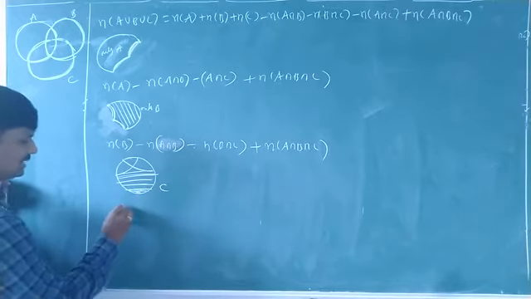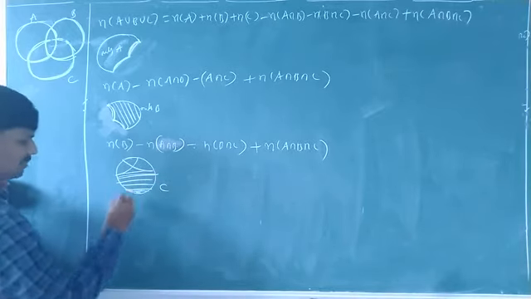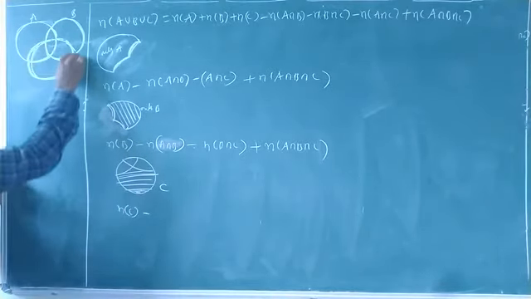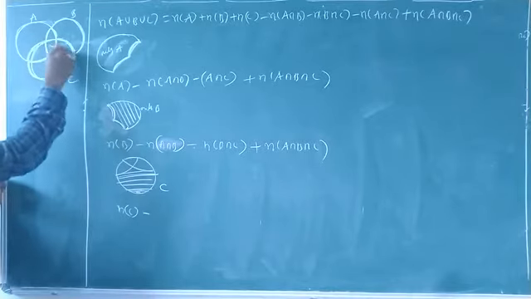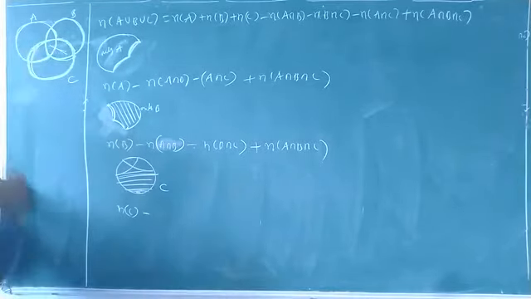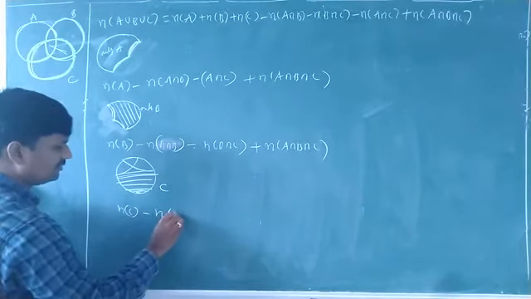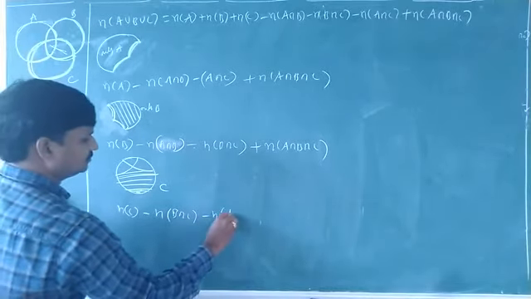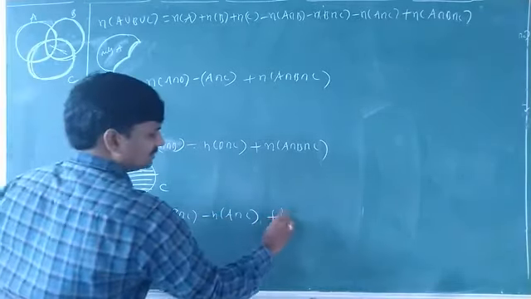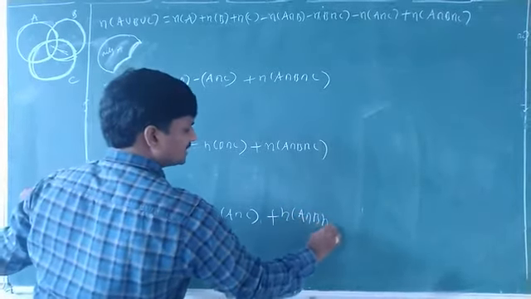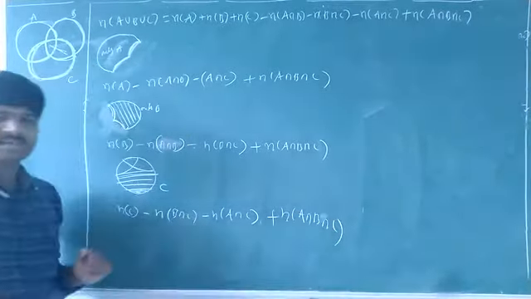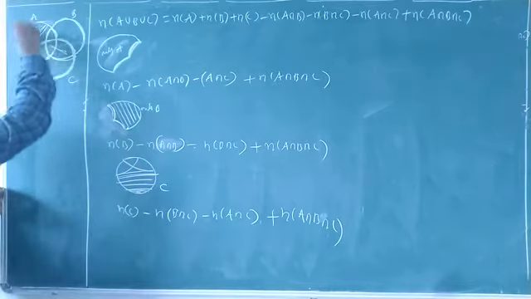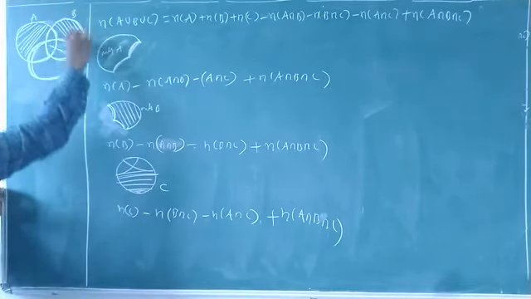Only C means total circle, number of C, minus this intersection part: B intersection C and A intersection C. Number of C minus number of B intersection C minus number of A intersection C, plus number of A intersection B intersection C. It is only C. It is only A. It is only B. It is only C.